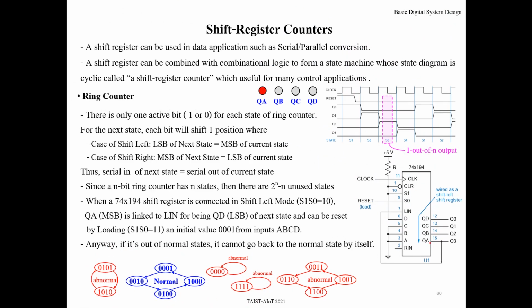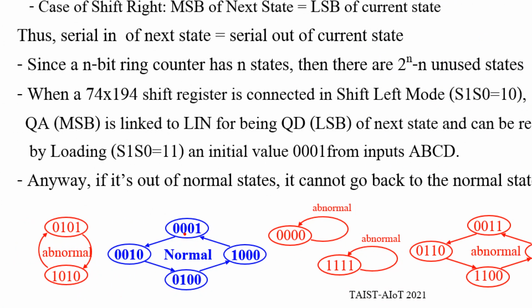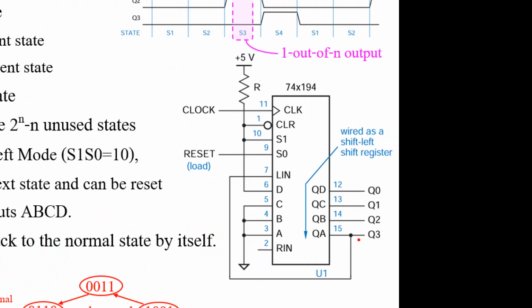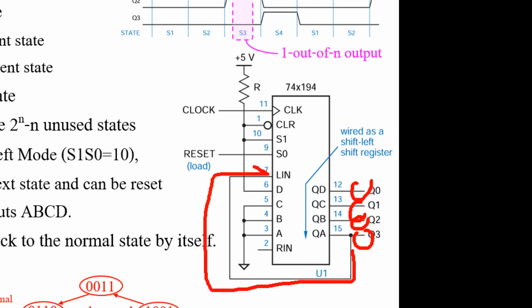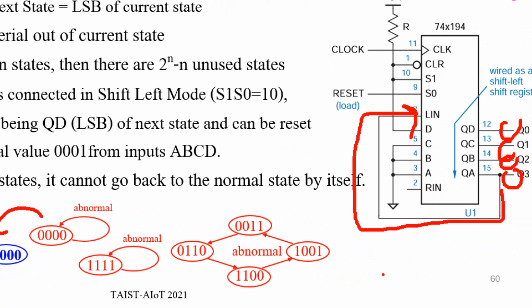By the way, take note, there are 4 states for this ring counter, and your initial state may start from 0, 0, 0, 1. What happens if your state goes to 0, 0, 0, 0? When the clock ticks, the next state is still 0, 0, 0, 0. It cannot go back to the normal state, which is not so good.